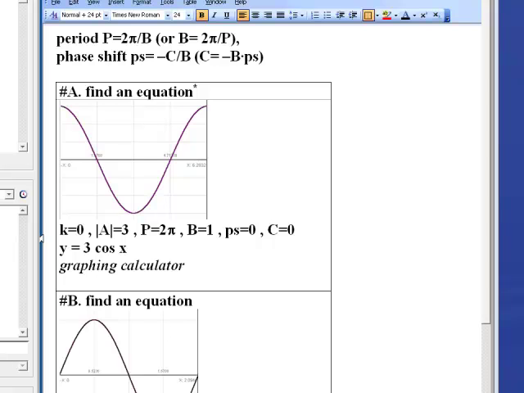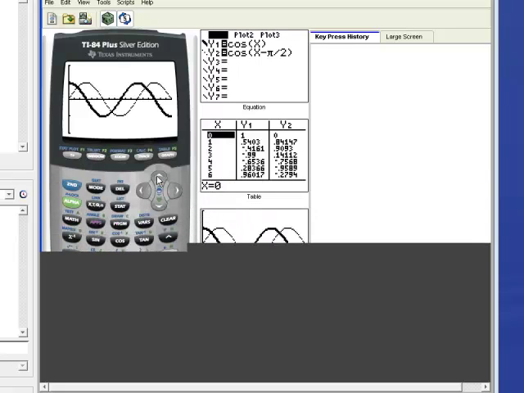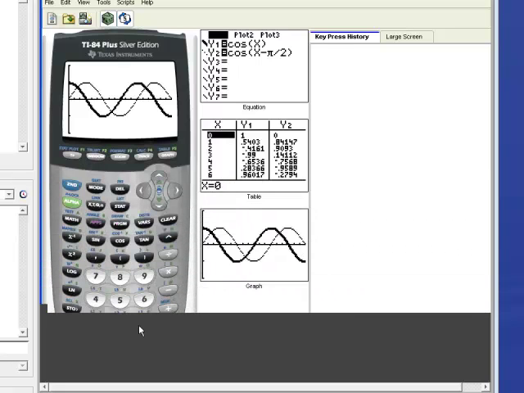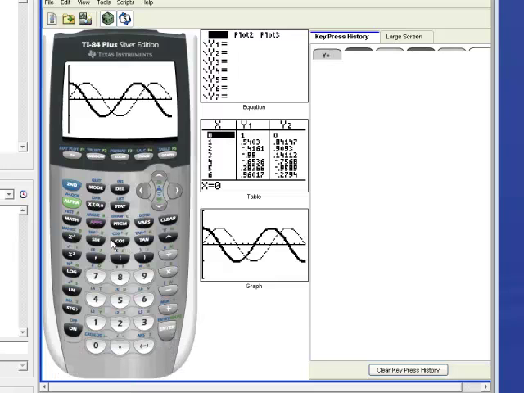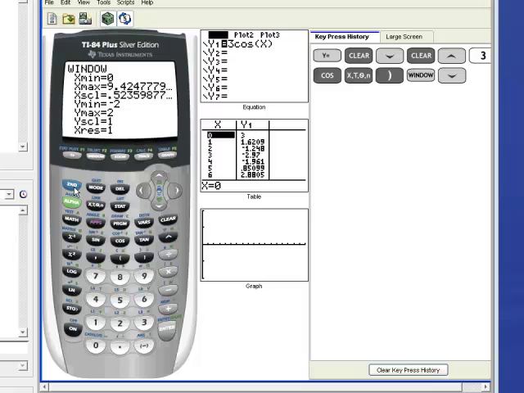Okay, let's go to the graphing calculator and graph these two. Okay, the first one we had is 3 cosine x, and we're going to graph that between 0 and 2 pi.